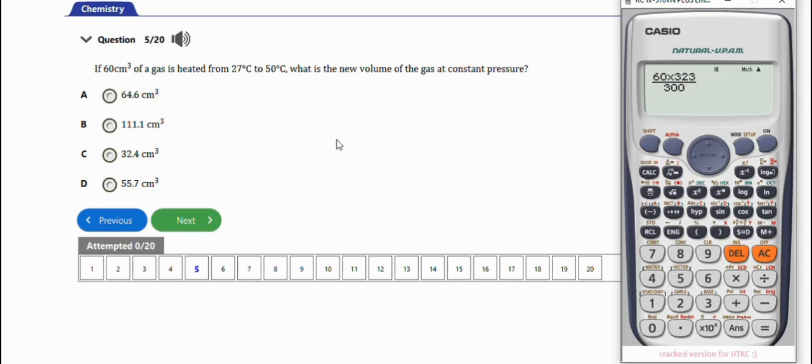So this is the calculation you simply need to make to get the output: V1 over T1 equals V2 over T2. When you make V2 the subject of the formula, this is the calculation you're going to have. Press equal to, press SD to put the answer in decimal. So we have it to be 64.6 cm cube. The right option is option A. Alright, so that's it for this question.